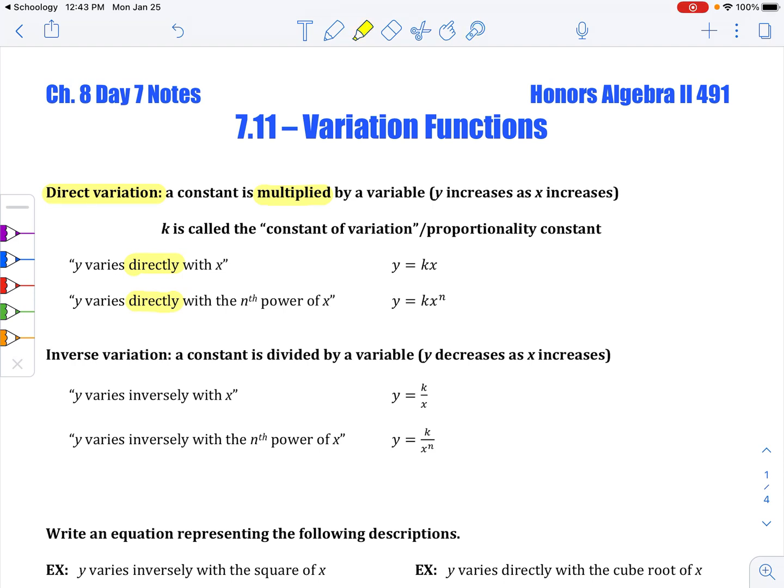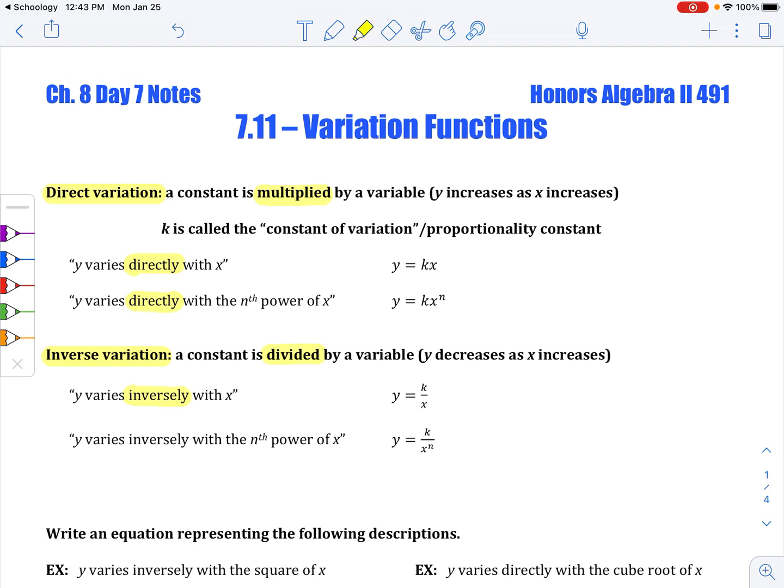On the other hand, we have inverse, which, as you can probably guess, is a constant divided by a variable. That means when y decreases, x is actually increasing. It makes sense: when you have a solid number, then you divide, it's going to get smaller. So for example, y varies inversely makes you think of divided. Y varies inversely, which means take your constant and divide it by x.